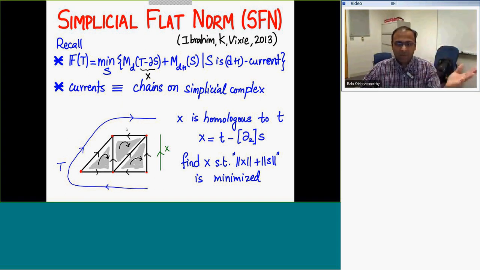So I'm writing t as a 7-vector with integer values. If I want two copies of t, then I'll just multiply those entries by 2, for instance. And for the boundary, it is another 7-vector which has all zeros except one entry for this edge, which will be a plus 1. So I can think of writing the triangles as a 3-vector here because there are 3 triangles. So this is a straightforward linear equation, linear algebra.